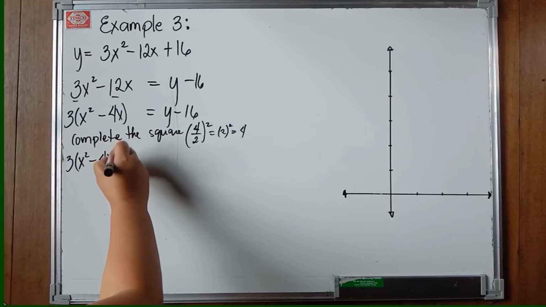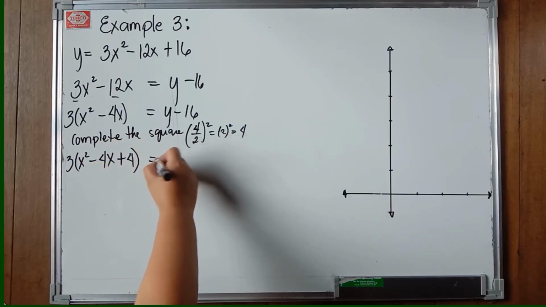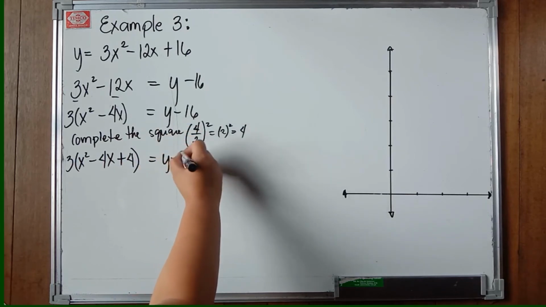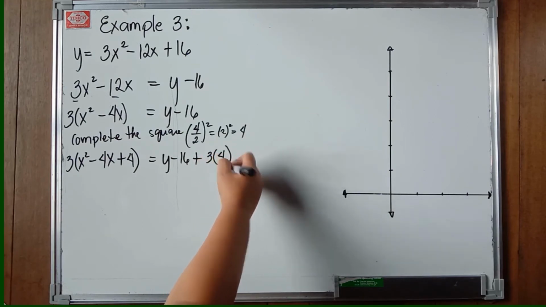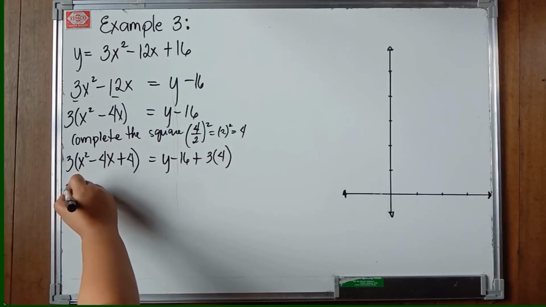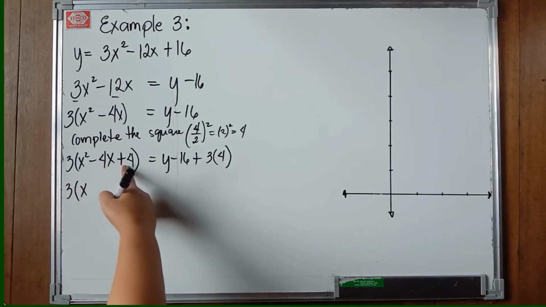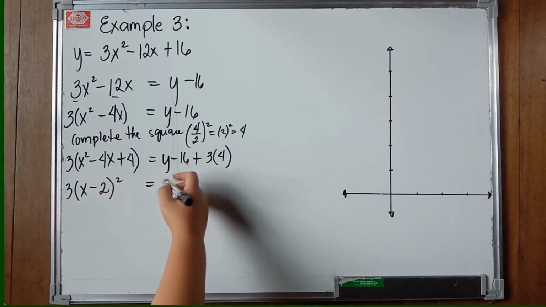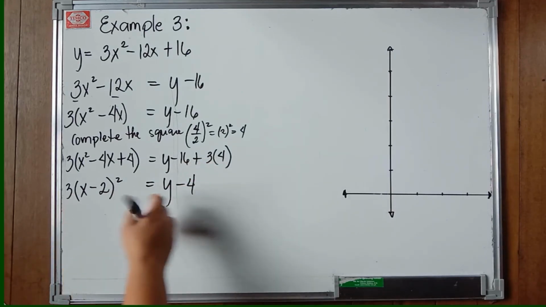So, 3 times the quantity x squared minus 4x plus yung nakuha natin, which is 4, equals, rewrite y minus 16 plus 3 times 4, para maging equal yung ating equation. So, we have to do that. Next, factor na natin. So, we can have the square root of x squared is x and the square root of 4 is 2, is equal to y minus 16 plus 3 times 4, which is 12, is negative 4.